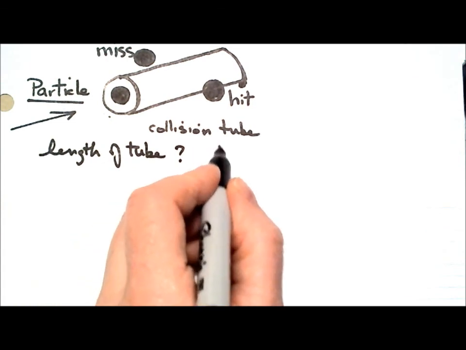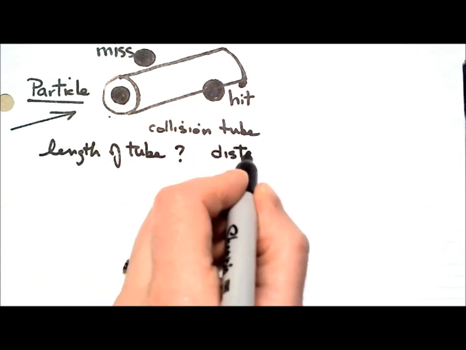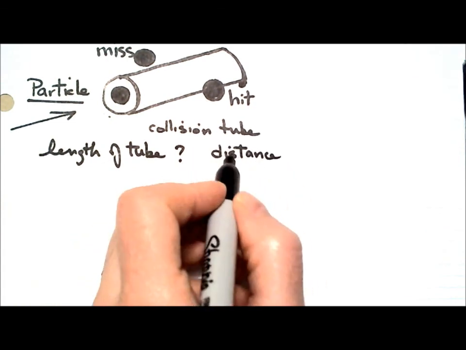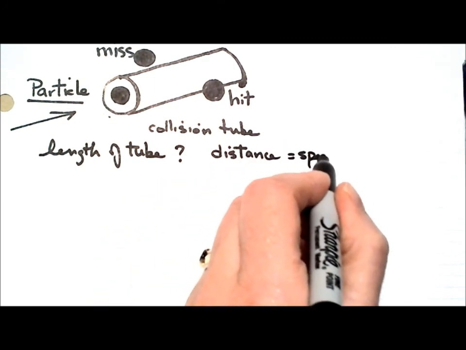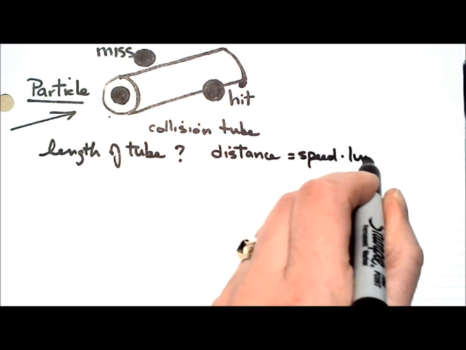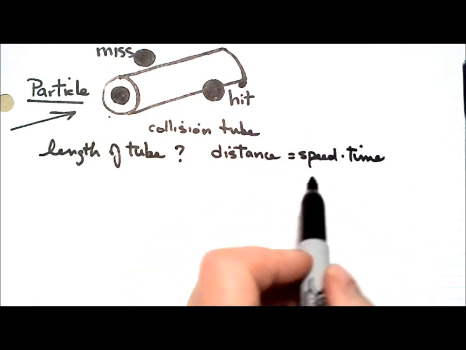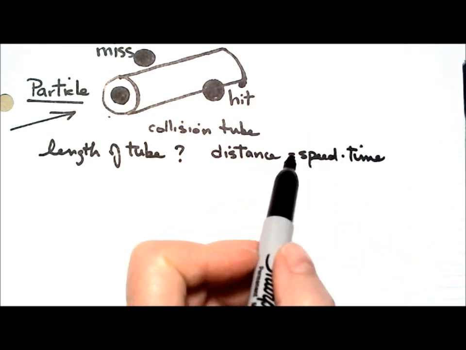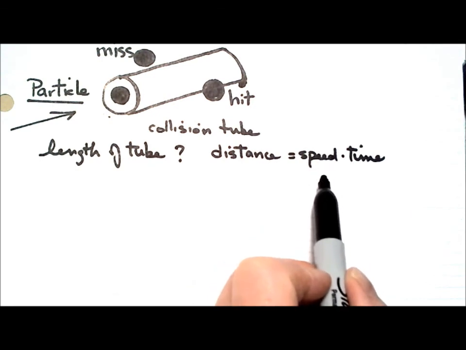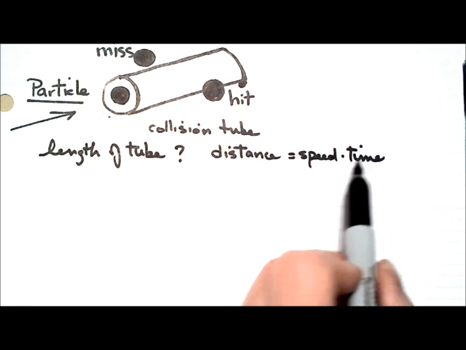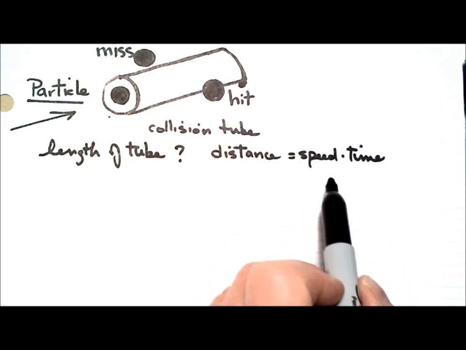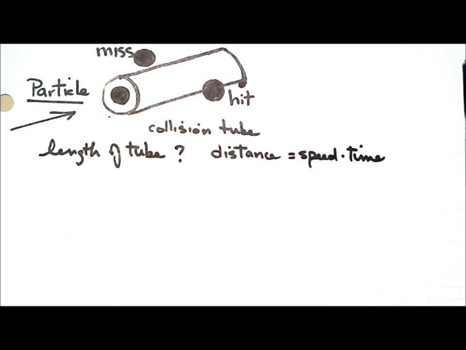Well, the basic idea tells you that the distance is equal to speed times a time period. So, for example, 5 meters per second times an amount of time in seconds, cancel out the seconds, and I get a distance in meters. The same idea applies here.